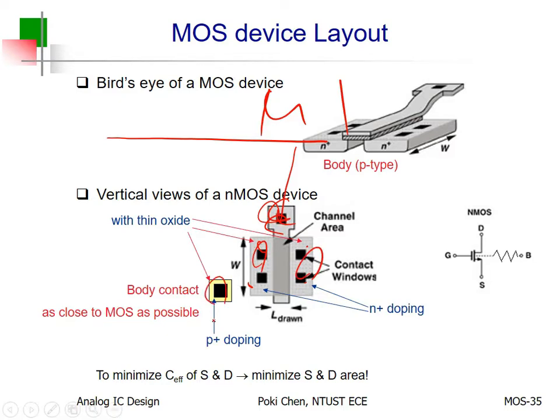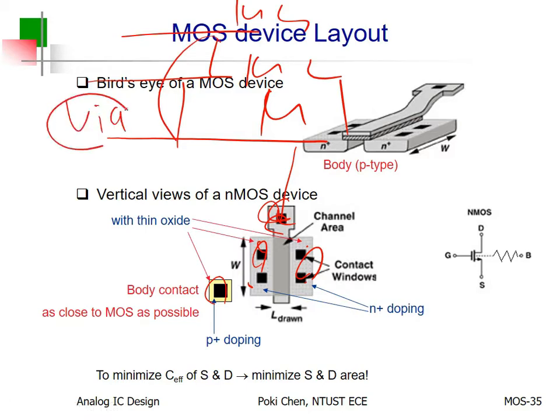All those connections are called contact. However, above metal 1, between metal 1 and metal 2, metal 2 and metal 3, all those connections are called vias instead of contact. Only below metal 1 are called contacts. Above it, all vias. All right?